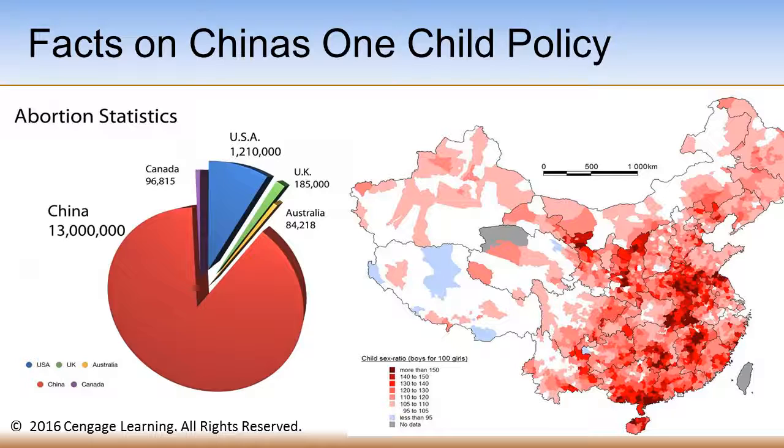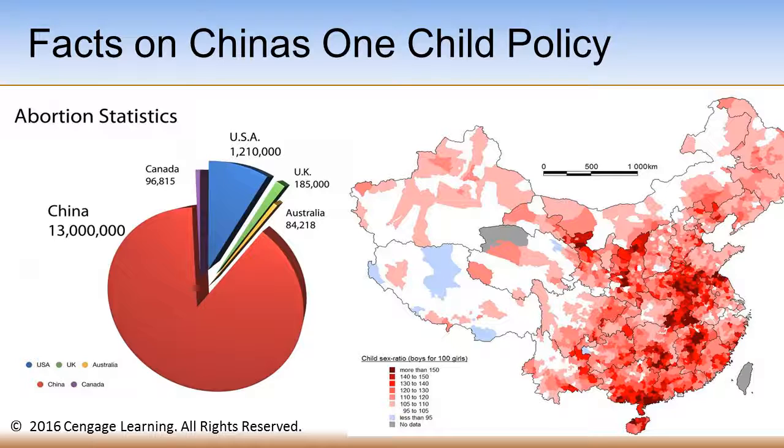So some additional facts on China's one-child policy. The graph on the right depicts a color-coded rendition of sex ratio, boys for 100 girls. And the dark red colors indicate that there's more than 150 boys for 100 girls. Why is this important?